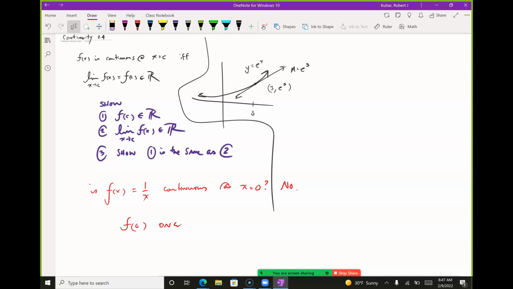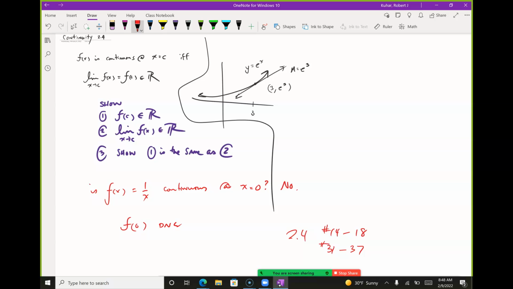I'm looking at section 2.4. I like the problems here. I like problems 14 through 18. That's where you're showing things are discontinuous. Also problems 31, 32, and some of those 31 to 37.